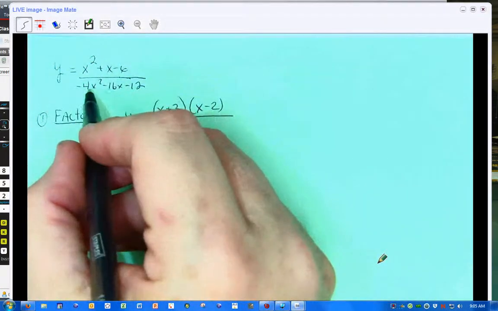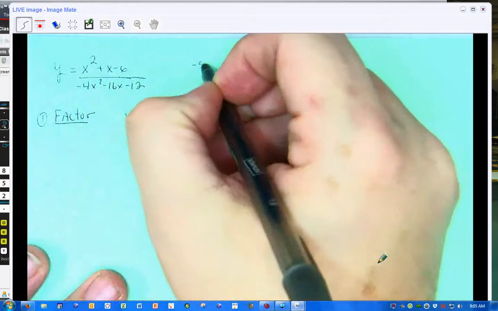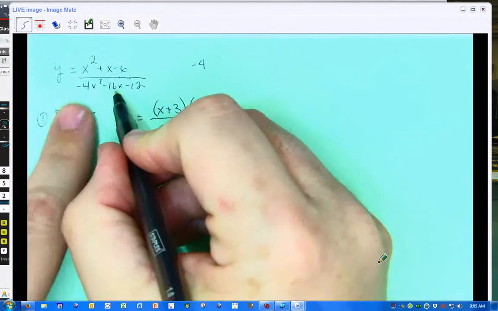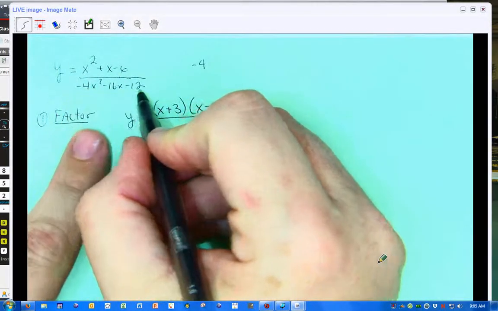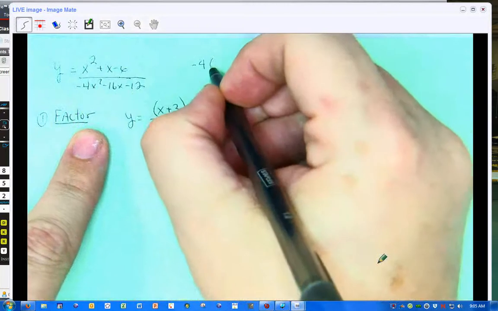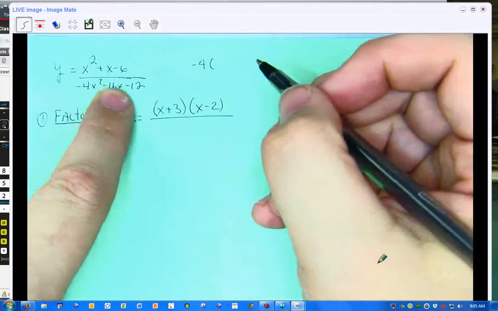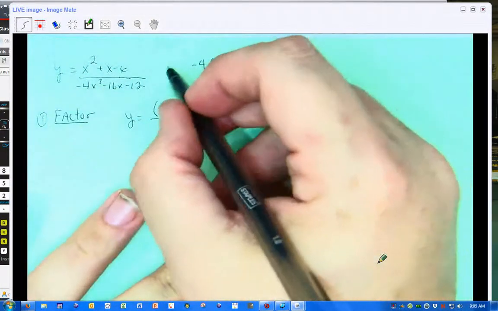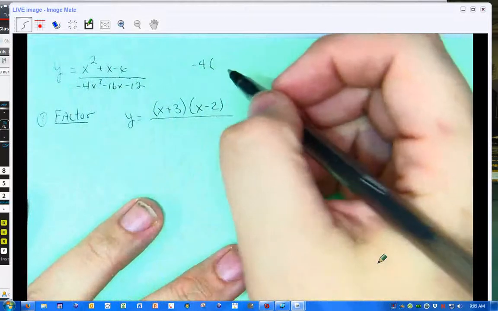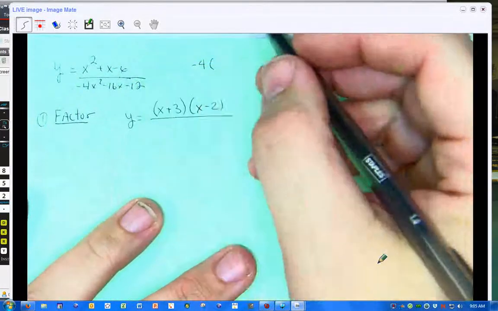Now, for negative 4x squared minus 16x minus 12, I'm going to take out a negative 4 because 4 goes into 16 and 12 and 4. And the negative sign makes everything positive, which makes factoring the quadratic part easier.